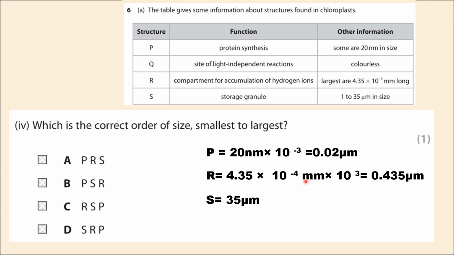Now comparing the sizes in micrometers, P is 0.02, R is 0.435 and S is 35. Therefore, the correct order from smallest to largest is PRS, and the correct answer is A. Remember, converting to the same unit is essential for making accurate comparisons.